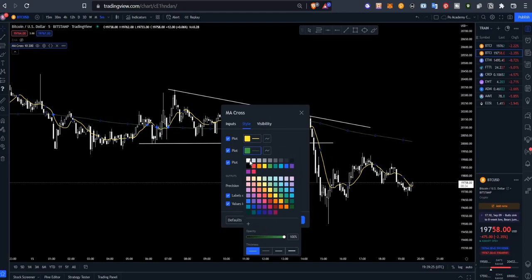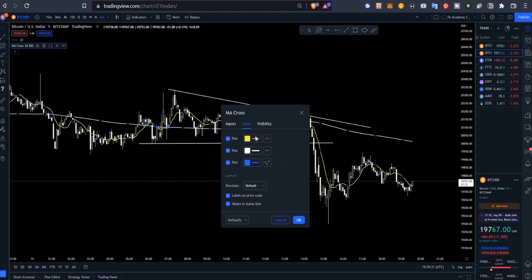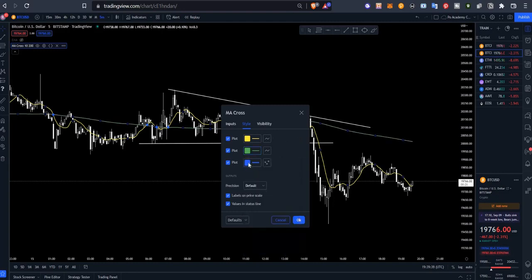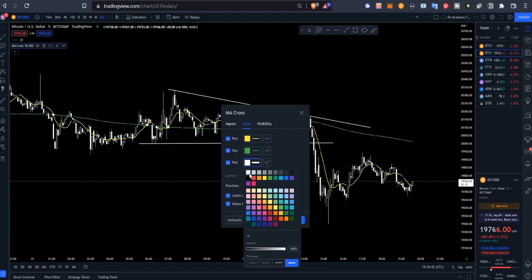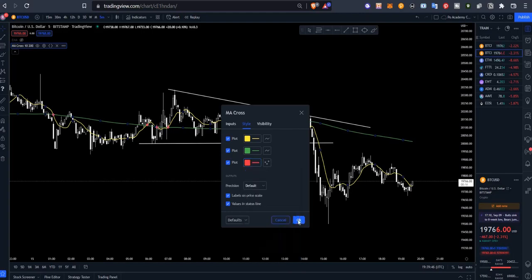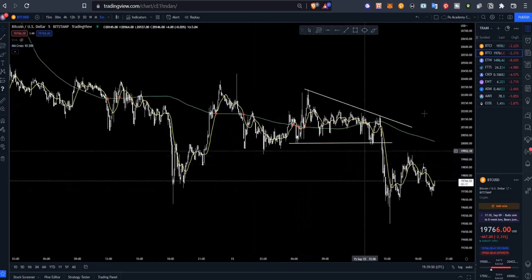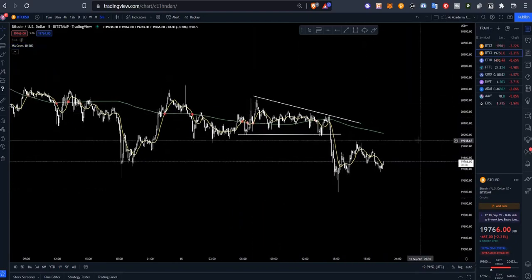Then the 200 is white. White is not okay because of the trend line, so let me use that as green. Then the blue, I can use white for that, or red. I'm just changing the color so that you guys can see what I'm doing.